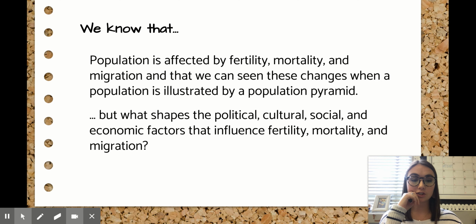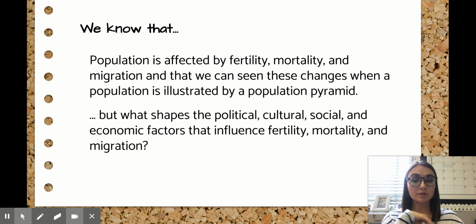So let's look back on what we've talked about for the last few days. We know that population is affected by fertility, mortality, and migration, and that we can see those changes when a population is illustrated by a population pyramid.